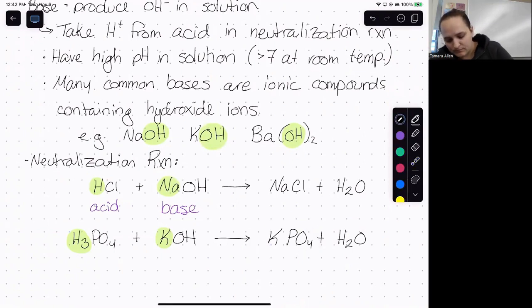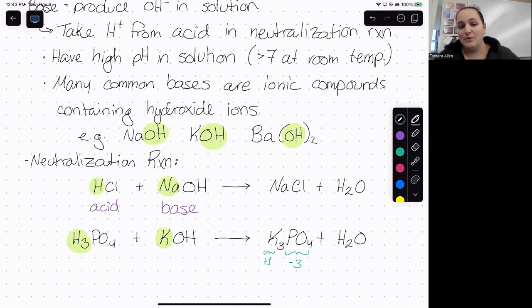K with PO4, K is +1 as an ion, and the phosphate ion has a -3 charge. So that means that we're going to need 3 potassium ions for every 1 phosphate ion in this formula in order for that to be a valid ionic compound.